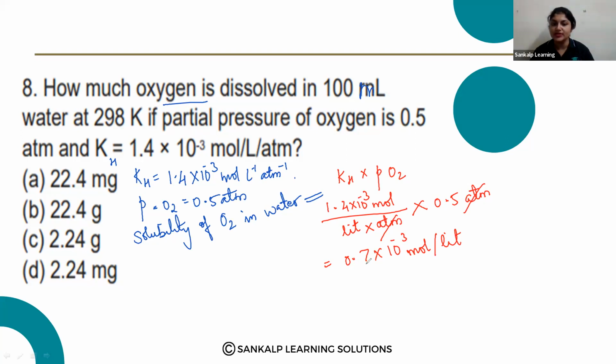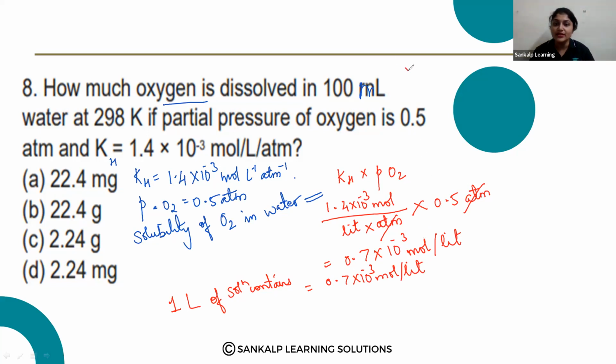It comes to 0.7 into 10 raised to minus 3 mole per liter, because atm gets cancelled. This is the solubility of oxygen in water. Now this is for 1 liter of solution. So 1 liter of solution contains 0.7 into 10 raised to minus 3 mole.